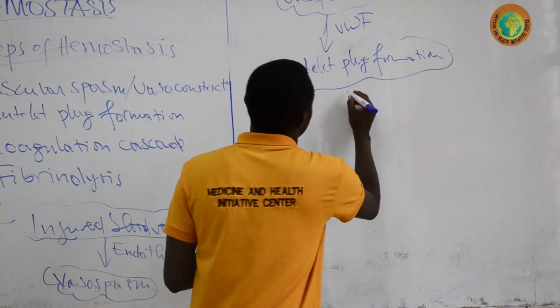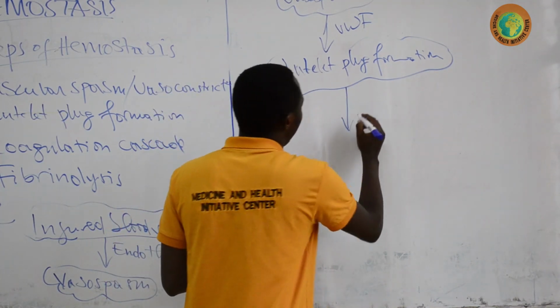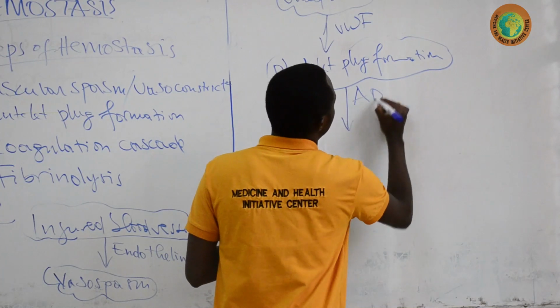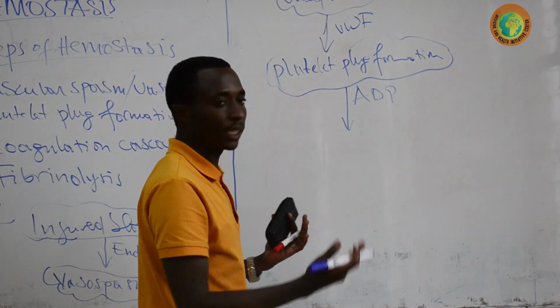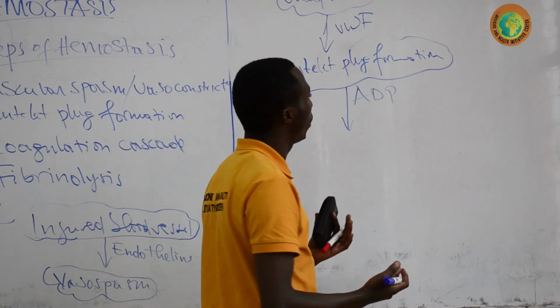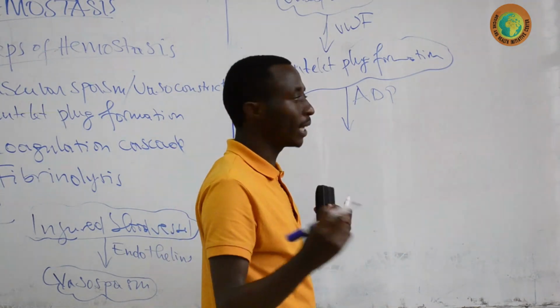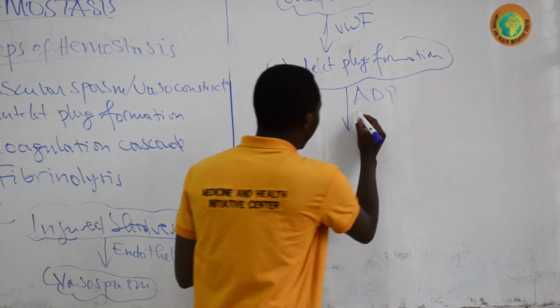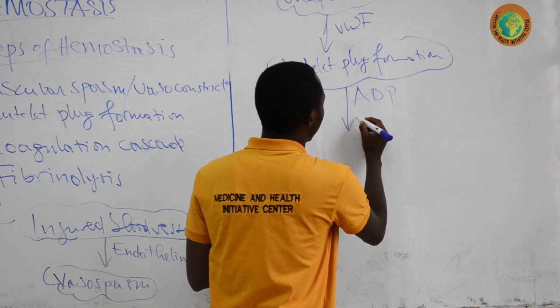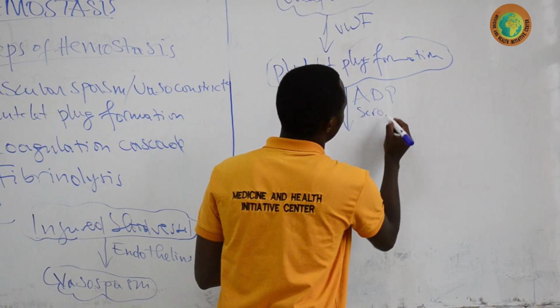Those chemicals include ADP, adenosine diphosphate, which recruits additional platelets to expand and maintain the plug. The second chemical is serotonin.